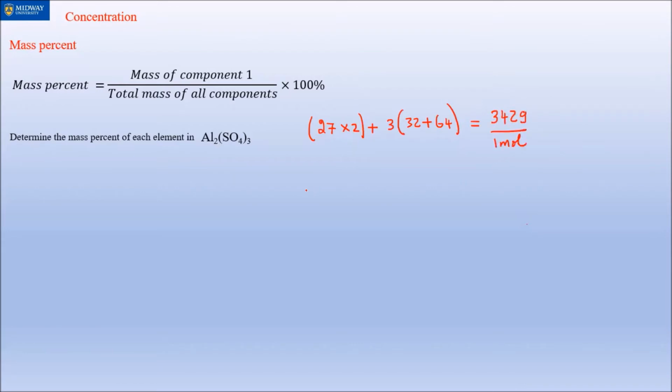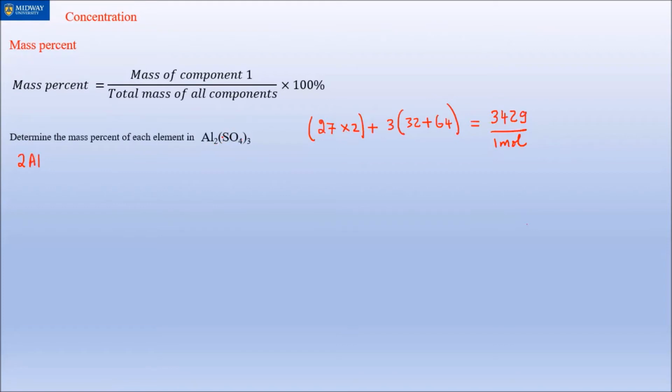Okay. Now the question is asking mass percent of each element. How about I do a couple and then you do the last one yourself? Now, I've already explained how to read the formulas, right? This compound contains 2 aluminum. This 3 does not carry into the aluminum.